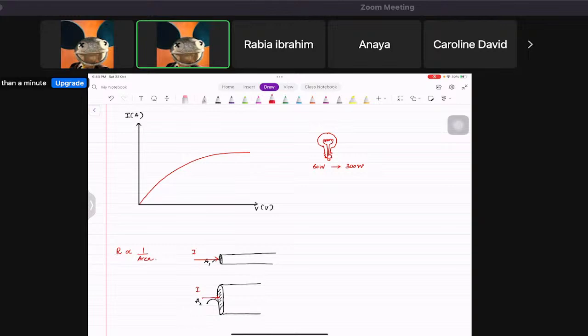So the greater the area, the easier it is for the current to flow. That is the reason that components using higher power, like a heater or an AC, have thick wires. But your mobile phone, which uses very small voltage and current to charge itself, has a very thin wire. Do you guys understand what I'm saying?